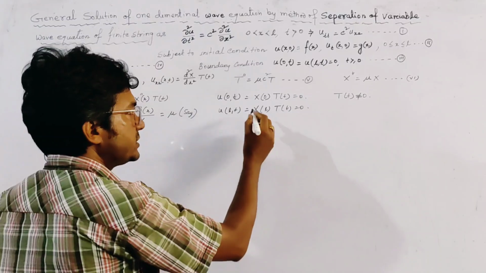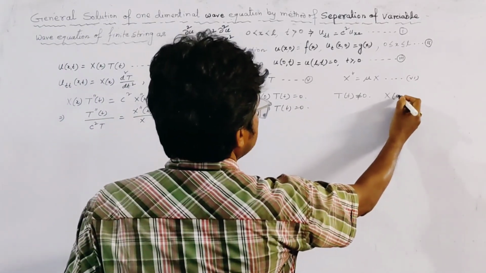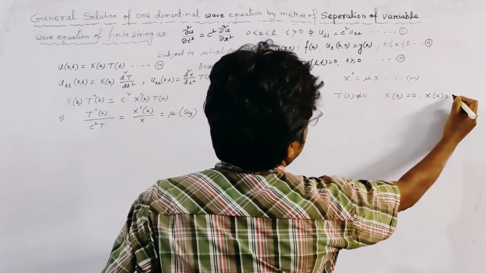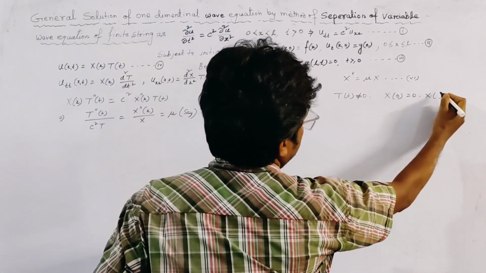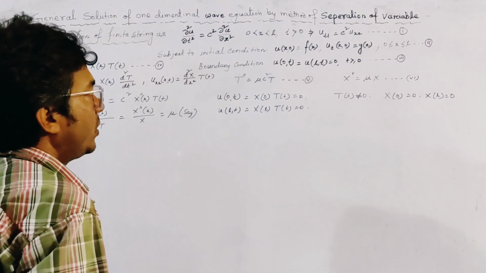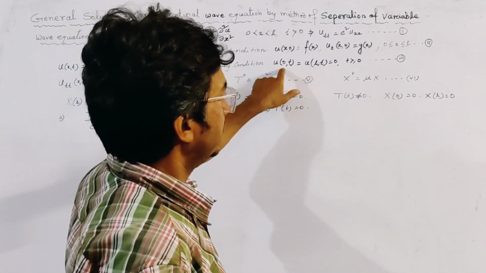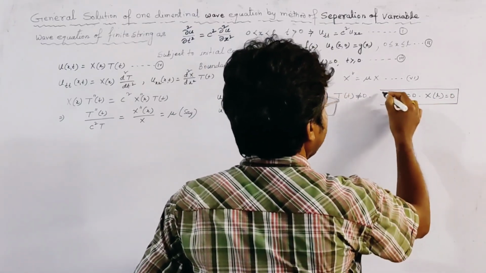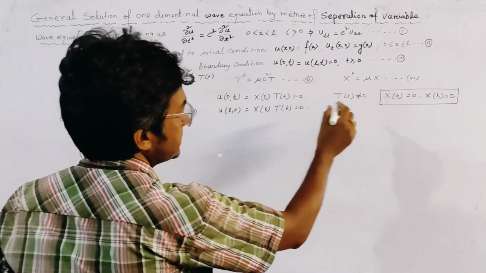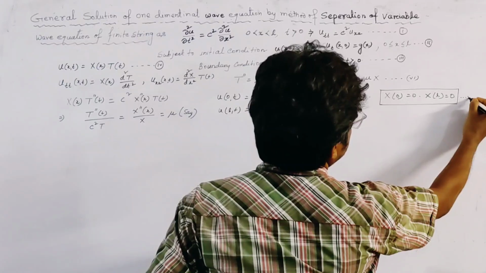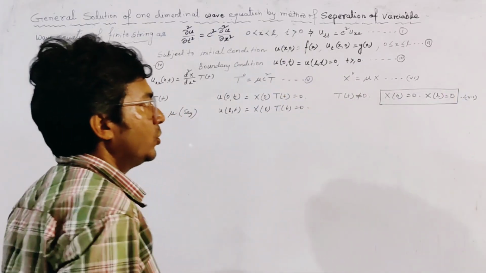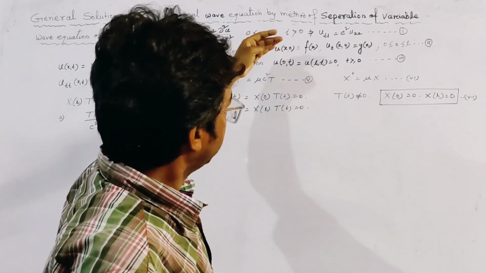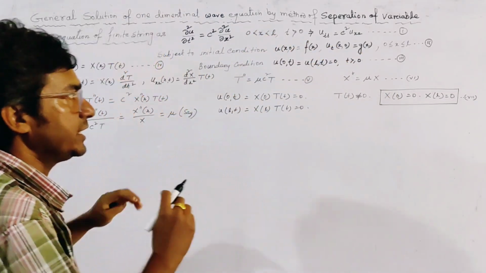So we must have X(0) equal to 0, and X(l) also equal to 0. So our boundary condition 3 becomes two other boundary conditions, and we name these relation number 7, obtained from relation 3.